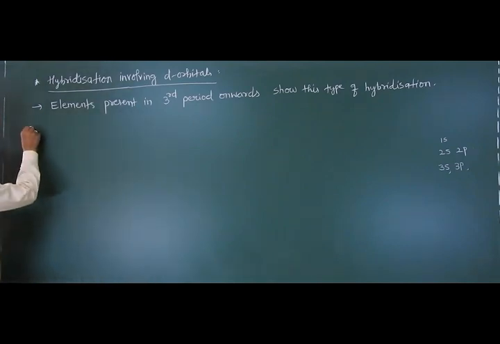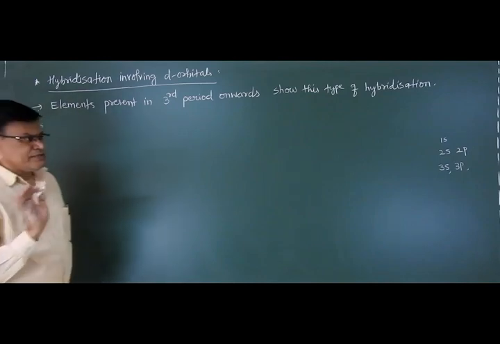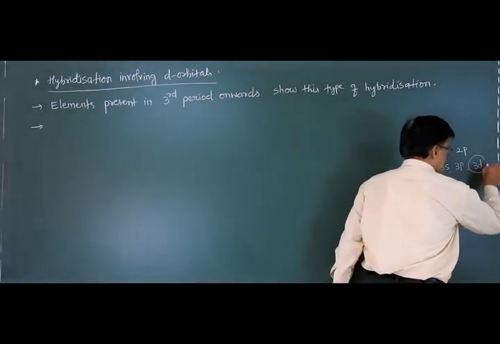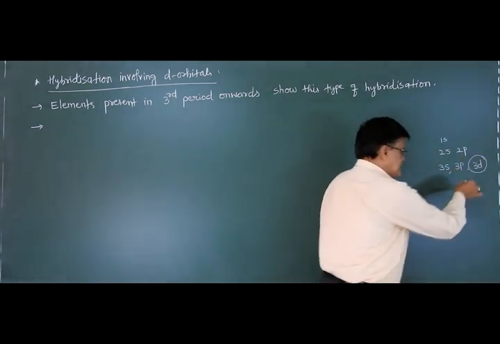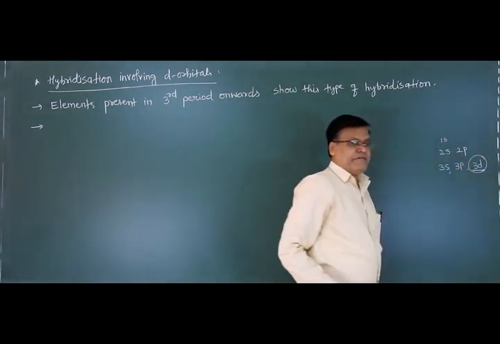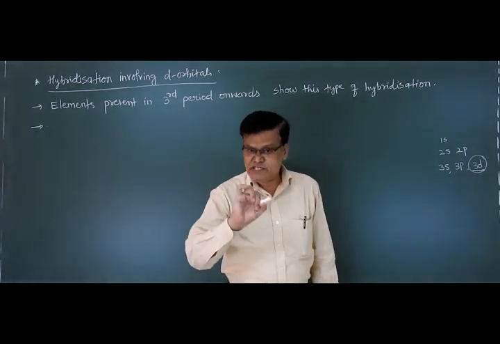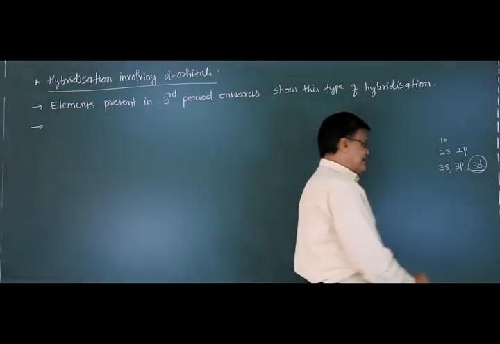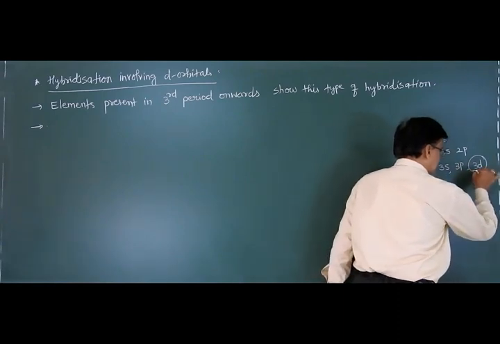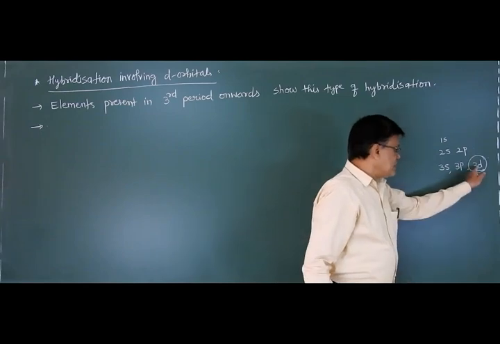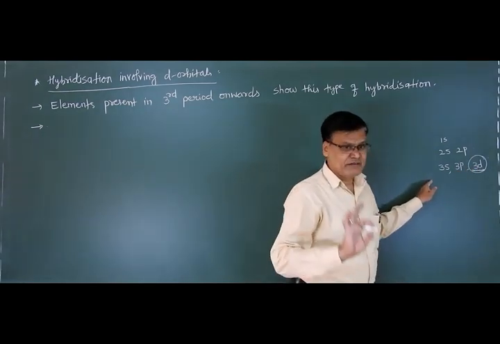Now come to the second point. Suppose 3d orbitals are present in the third period. These 3d orbitals have comparable energies. Comparable energy means what? Almost similar energy. 3d orbitals have almost similar energy with 3s and 3p because they are also present in the same shell.